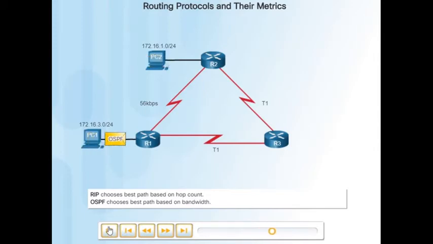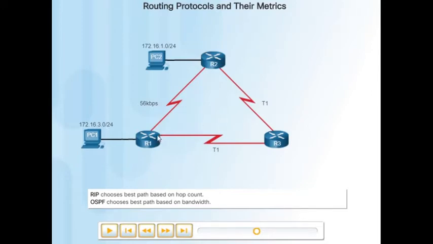On the other hand, if we are using OSPF, OSPF chooses the best path based on cumulative bandwidth, which means the speed on the line. Let's analyze the network.